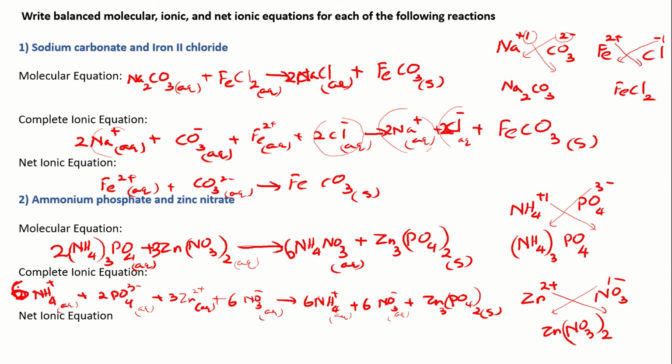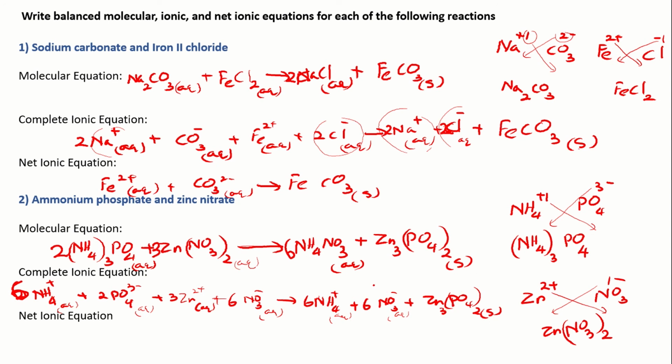That perfectly balances with the 6 positives over here. And again, you have 3 zinc atoms and 2 into 3, that is 6 nitrates. You have 6 ammonium ions, which perfectly balance with the 6 nitrate ions. And your solid form exists as zinc phosphate.